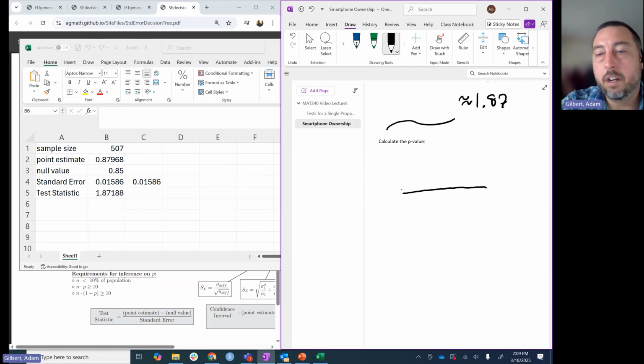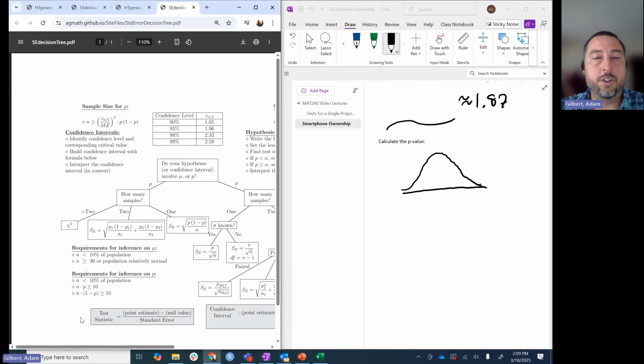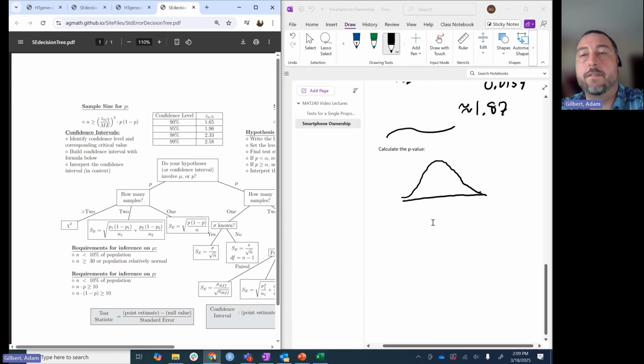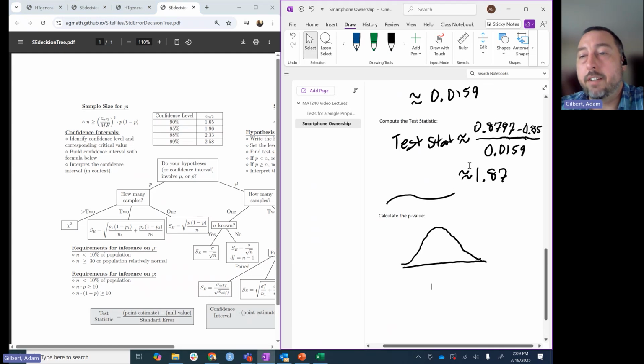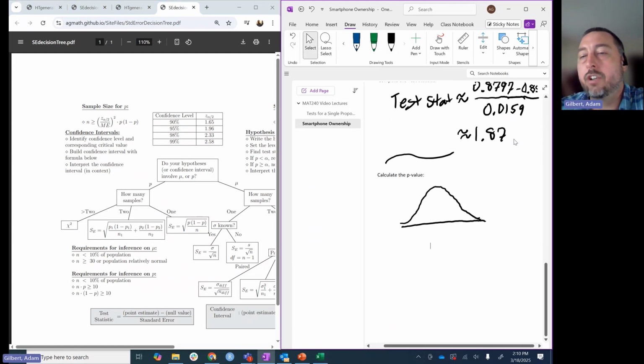So here's our normal distribution. Again, we can use the normal distribution here because when we used that standard error decision tree, we did not land in a box that had degrees of freedom in it. The normal distribution is a reasonable model for the sampling distribution here. Once we use the test statistic formula, the distribution that we're working in has changed.